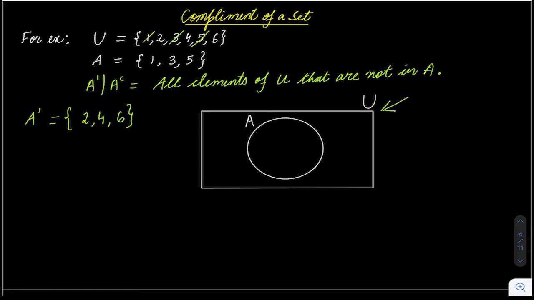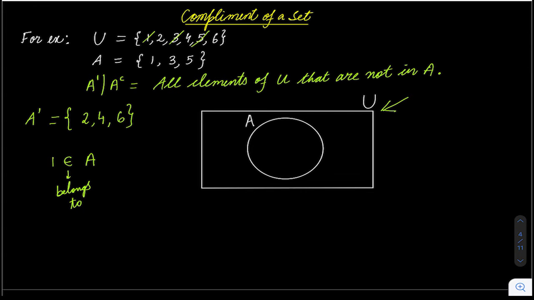Okay, one more thing I just want to clarify. 1, 3, 5 are sometimes called members of set A, or sometimes you can say these are elements of set A. Both are the same things. And one more thing, sometimes we use this notation also, belongs to. So 1 belongs to A. This symbol means belongs to.